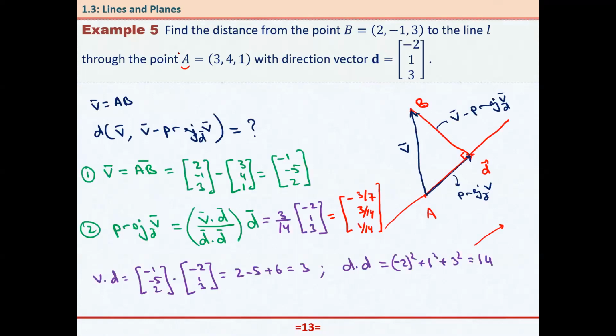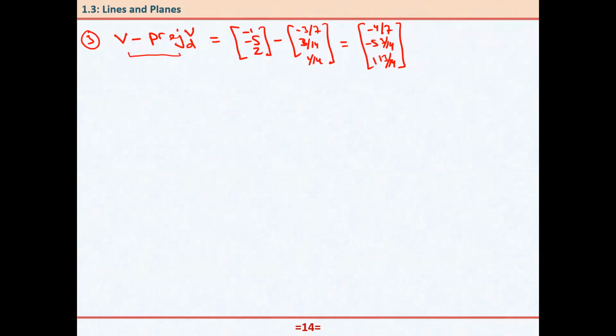Actually, we were supposed to find the distance from point B to the line L. So that means we were trying to find this thing. So what is the distance then?